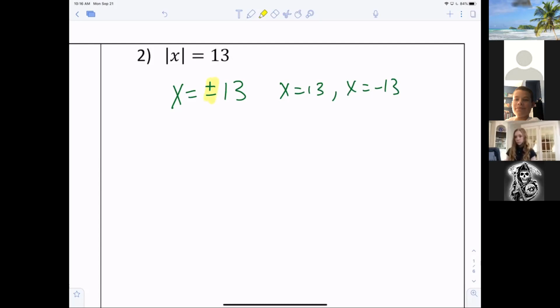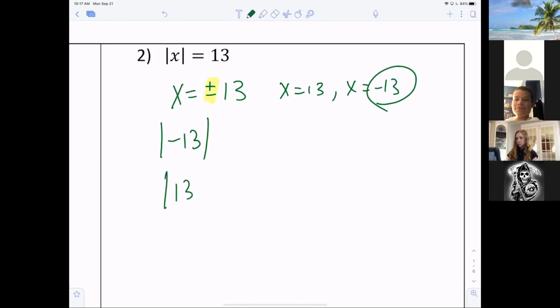What? Sorry, I just don't know why it would be negative since it's absolute value. So what is the absolute value of negative 13, Oscar? Positive 13. That's why the answer is negative 13. And what's the absolute value of 13? 13. So those are the two numbers that if we take the absolute value of them, they will equal 13. Right?